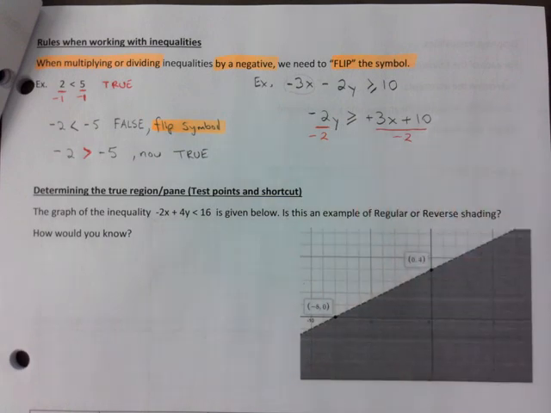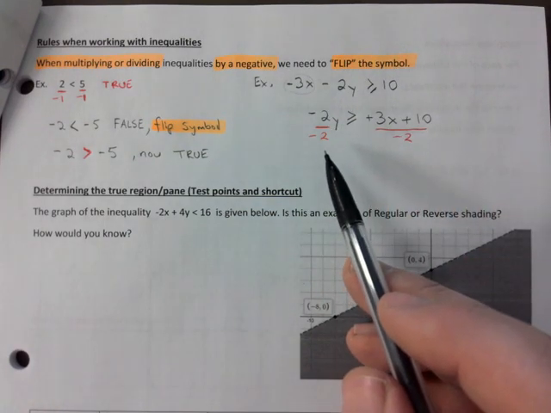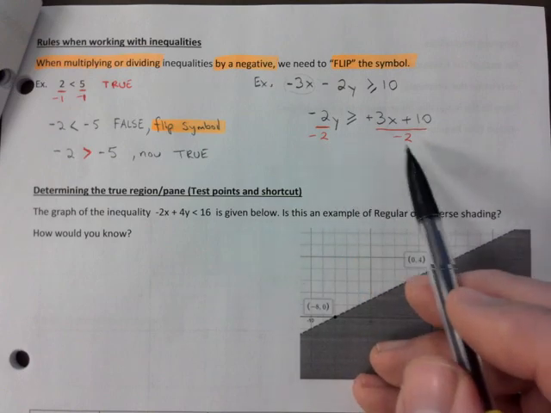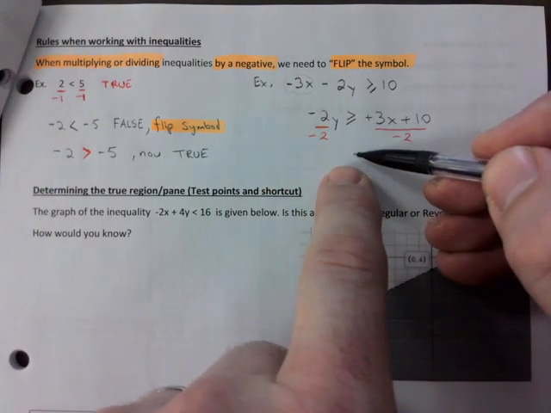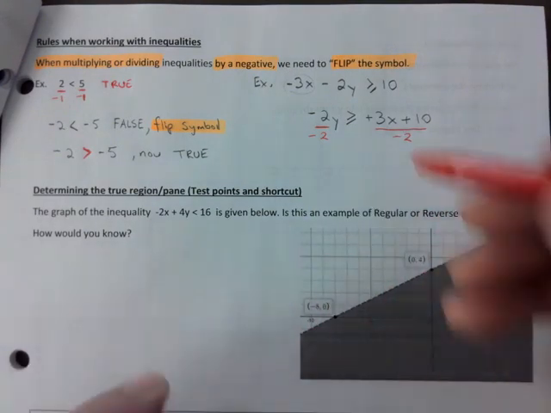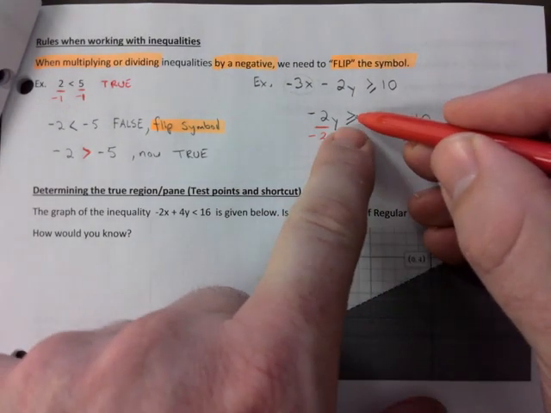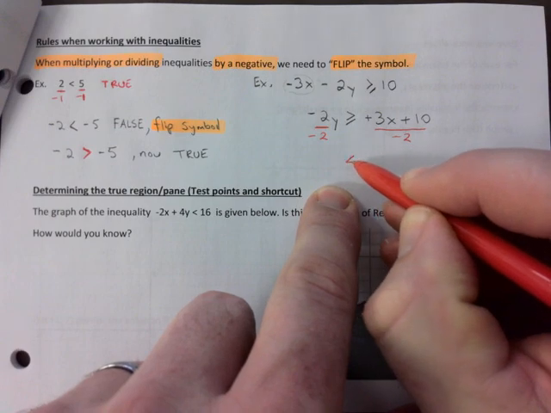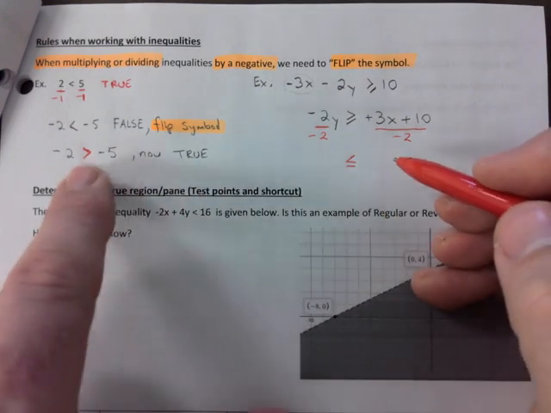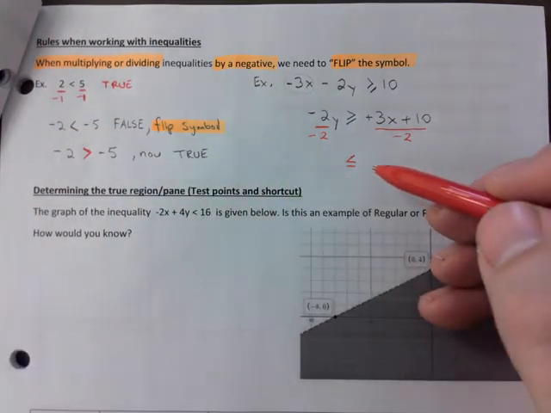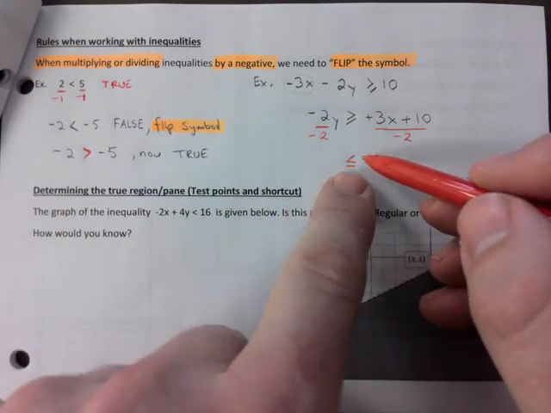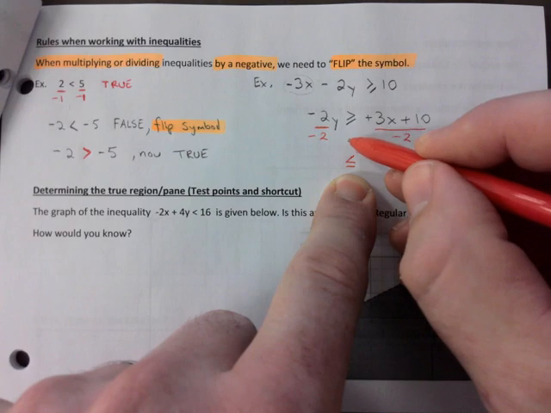And you should right away be like, wait a minute, I'm dividing by a negative, correct? So before you even do anything, I would go here, maybe I'll use red to emphasize, and I will flip it the other way. Because Mr. Dirksen has shown me an example once that as soon as I divide by negative, or multiply by negative for that matter, I'm going to have to flip the sign, so flip.